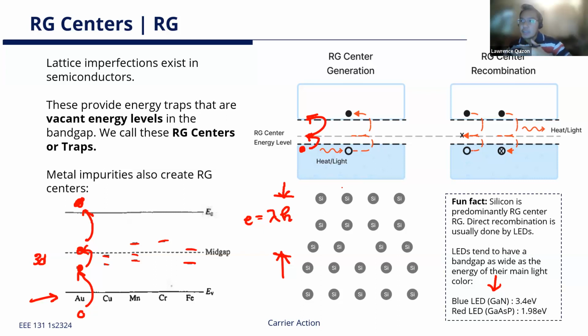Planck's constant relates the wavelength of light, which is related to the color, to its energy, right? So this energy for blue light is actually 3.4 electron volts. And voila, the band gap of gallium nitride, which is used for blue LED, is exactly 3.4. The same way, for red LED, gallium arsenide phosphide is 1.98, which is almost exactly the one for red LED.